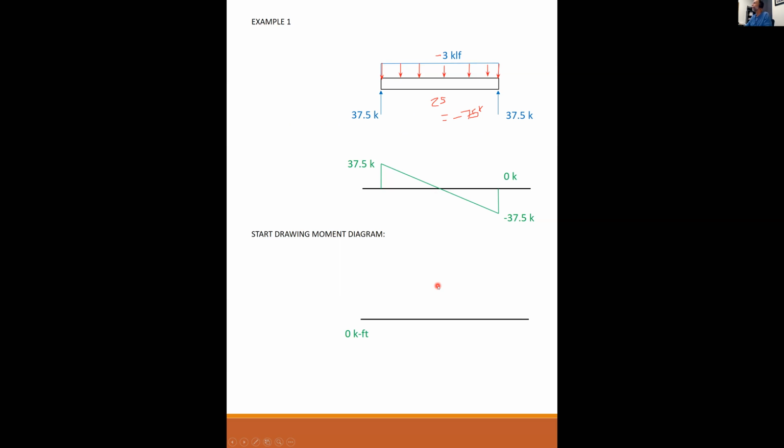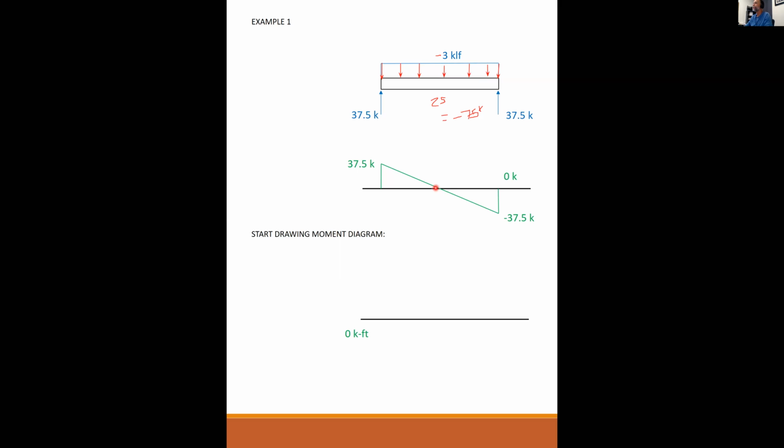Now here's the reason why that's the maximum moment. Say I think the maximum moment is right here. The change in the moment is equal to the area of the shear diagram, so this means that the moment grew by this much area. Well, this can't be the maximum because it's going to grow some more over here.